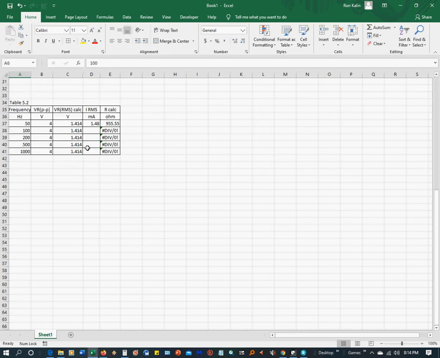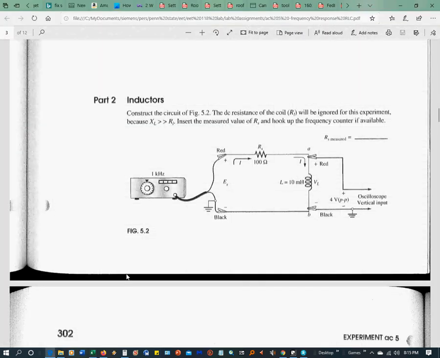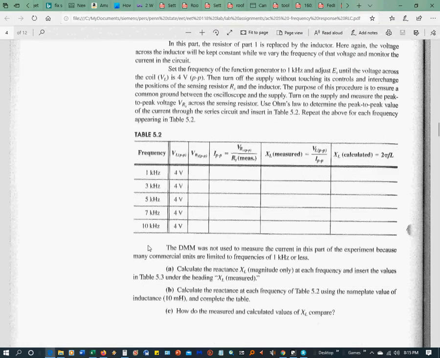I just copied the other table. These are not the correct values in here. I was just messing around with this, but the other table is the table that's shown in here.